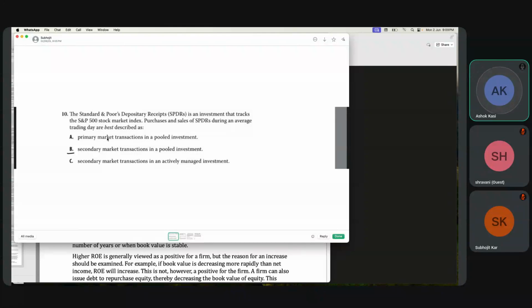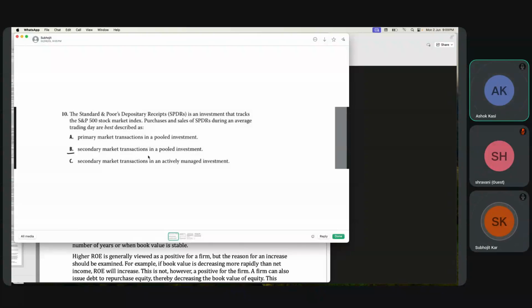See, A will not come. Why? Because primary market refers to new issue of securities, whereas here purchase and sale of spider during an average trading day means they are buying and selling as usual. So you can eliminate primary market.